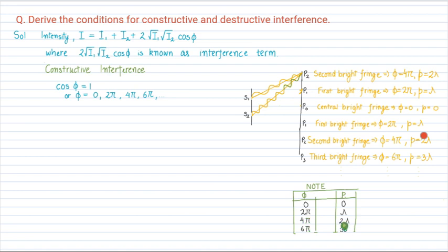If it is 8 pi, then it is 4 lambda. Fine. And so on. So here, can you notice one thing? If the phase difference is an integral 1 times 2 pi, the path difference is also 1 times lambda. Fine, can you see this here?